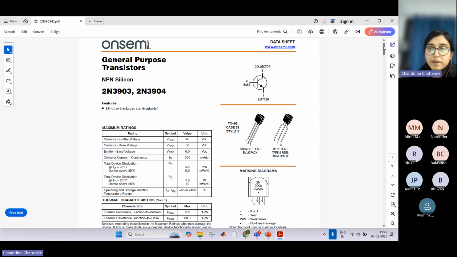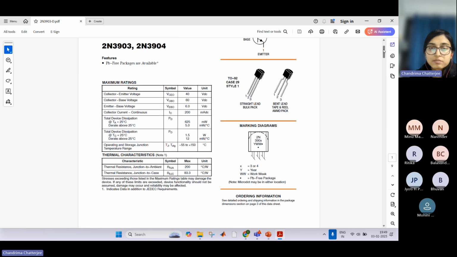Then here are the parameters. First, the maximum ratings are given. This is the collector emitter voltage, VCEO, with a maximum of 40 volt DC. Next, there is VCBO, the collector base voltage, which is 60 volt DC.